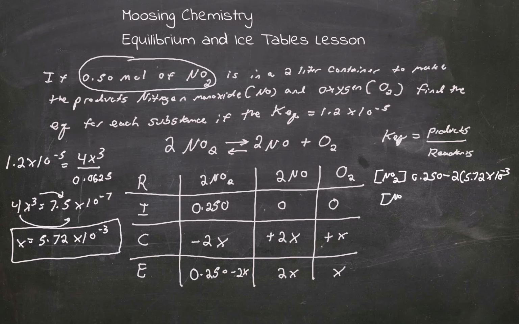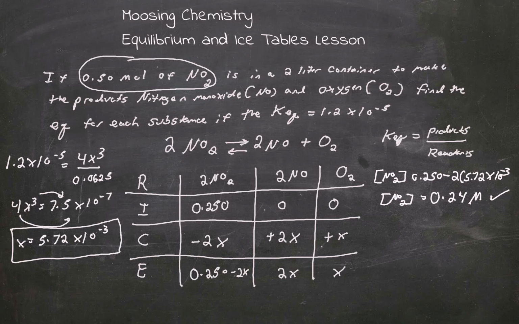Our NO2 value is going to equal 0.24 M. I'm sure you're going to be watching this video a couple of times because, yeah, it's interesting. So that's one of our answers.